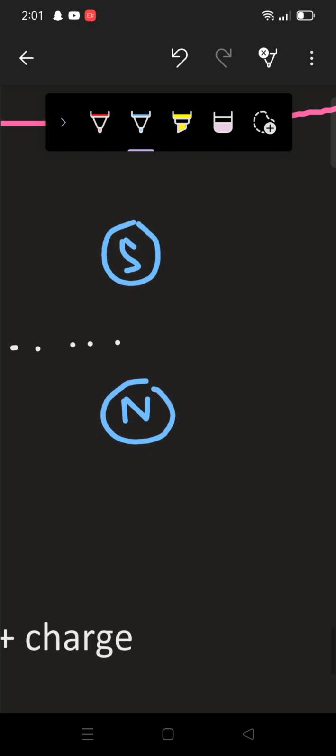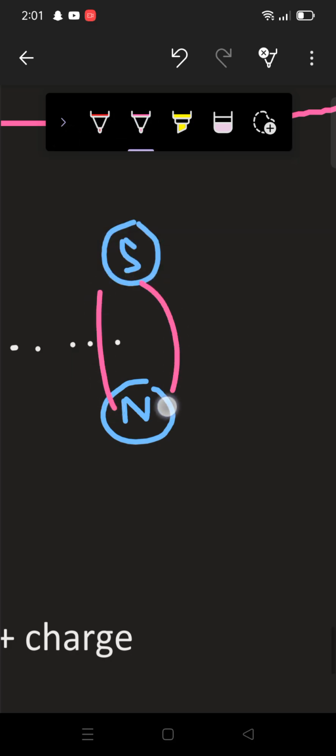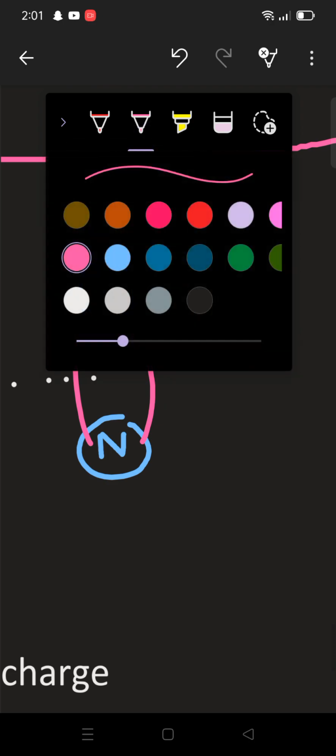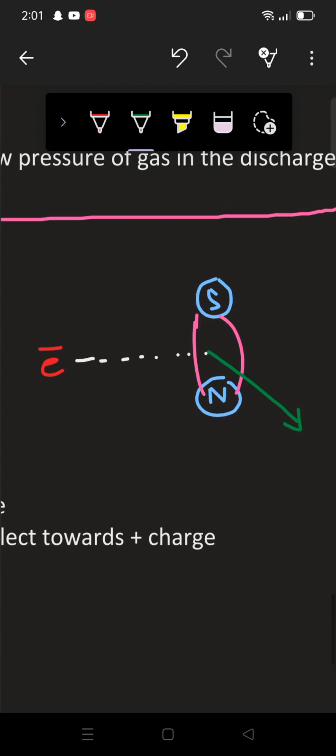And this is the whole magnetic field. When we pass this electron through this magnetic field, it deflects towards the north. And we know that when particles deflect in a magnetic field, it means they have mass, right?